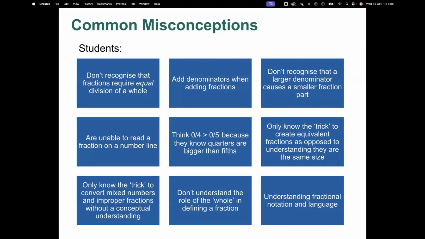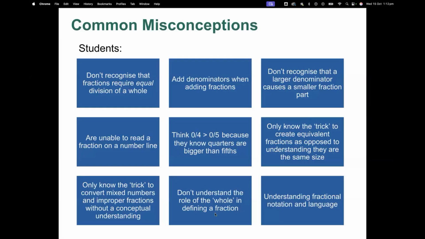And that honestly is a useless skill because really, remember the point is that we want them to be able to generalize these to algebraic numbers and algebraic expressions. And so really the whole point is them not knowing the tricks. The whole point is them knowing the structure of a fraction so that they can then apply that and generalize it later on in other areas of mathematics.